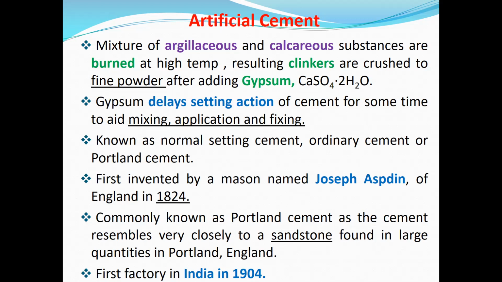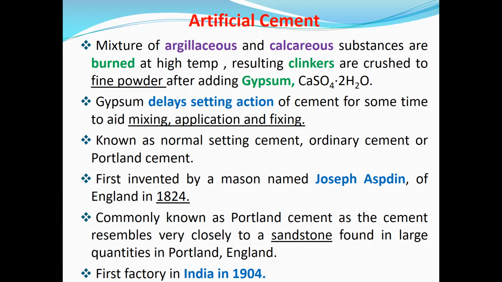That means before 1824, there were a lot of structures, though at that time those were made either of lime, because there was no cement, or of natural cement, which we have discussed in the previous slide. So when Joseph Aspdin from England invented cement in 1824, it is commonly known as Portland cement.